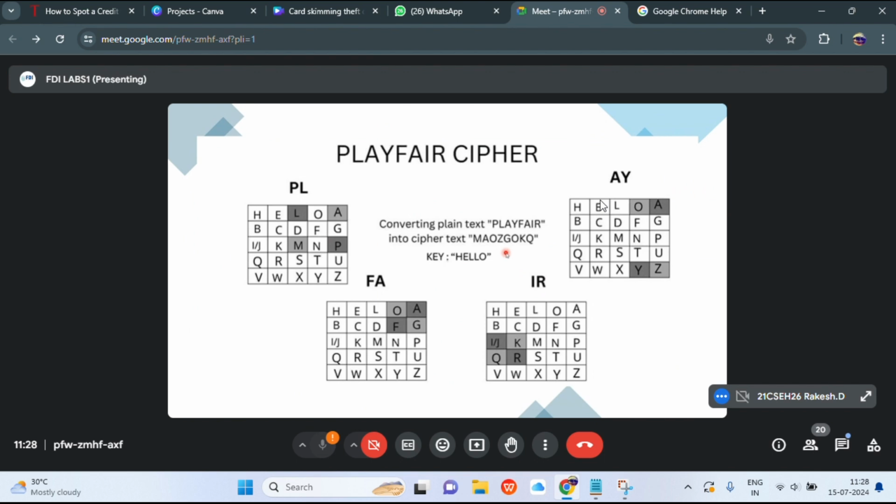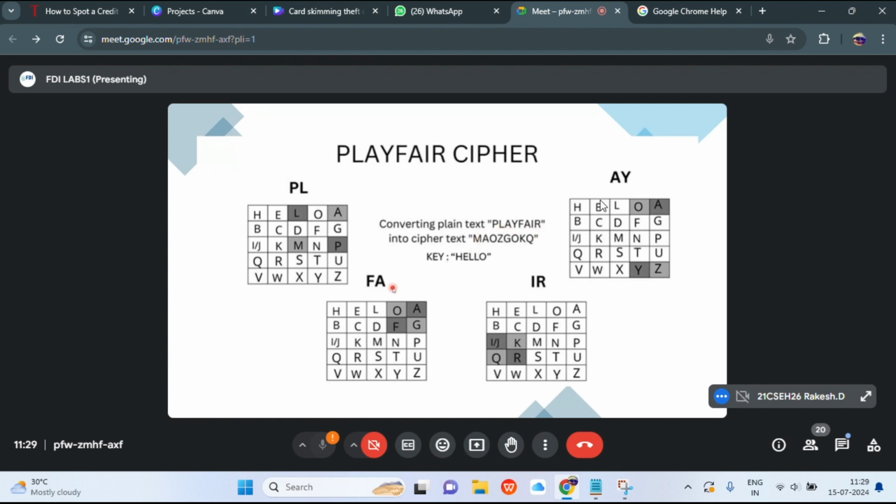See here, totally there are 3 rules. Before moving into this, we'll look at the rules. For example, we have to split the plain text into pairs. Playfair is our example. What we should do is split it: PL is one pair, AY is one pair, FA is one pair, and IR is one pair.